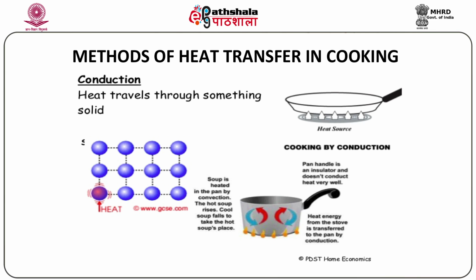In this manner a convection current is set up, whereby the less dense molecules move up and the cold denser molecules move down. So heat is transmitted from the hot surface onto the pan by conduction, and then the contents of the pan or the vessel get cooked by the convection currents that are set up.